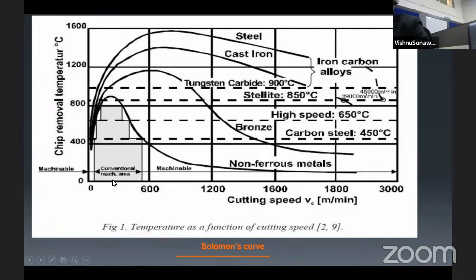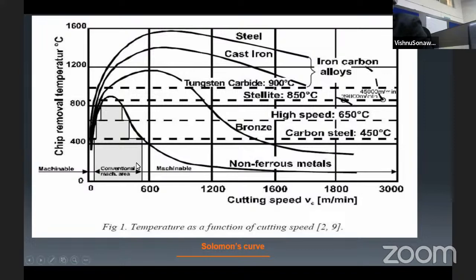Here the x-axis is the cutting speed, VC, in meters per minute. On the y-axis is the chip removal temperature. This is about machinability, how we can machine different types of material, and what the effect of this temperature is on the machining condition.